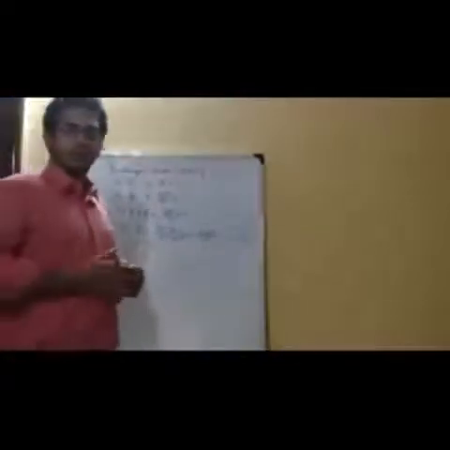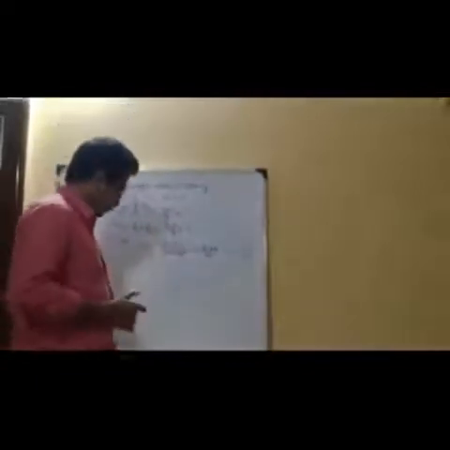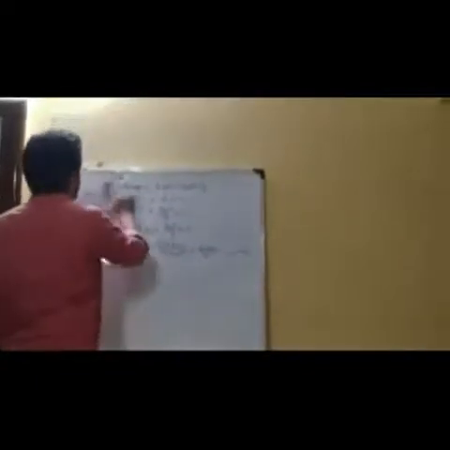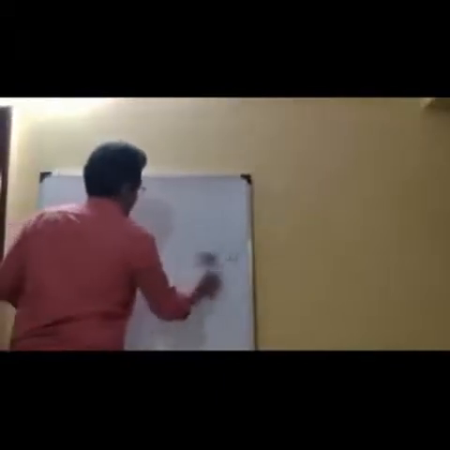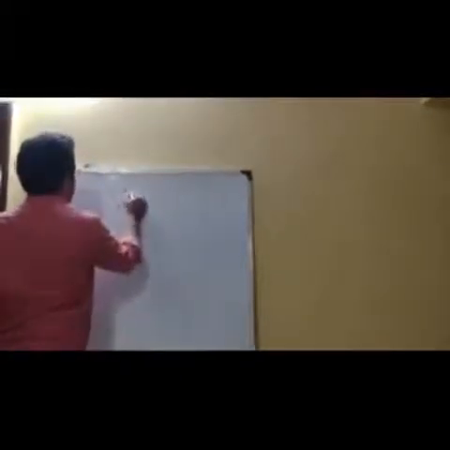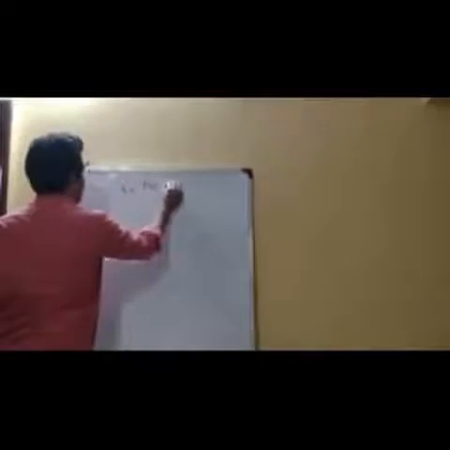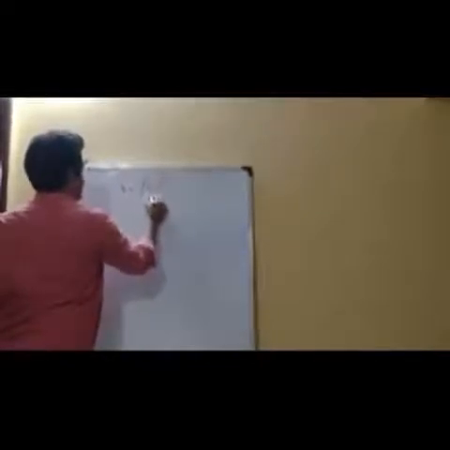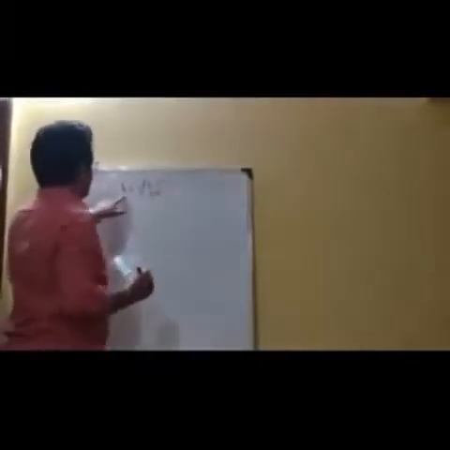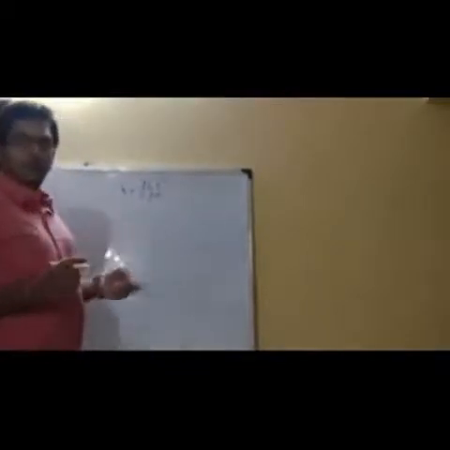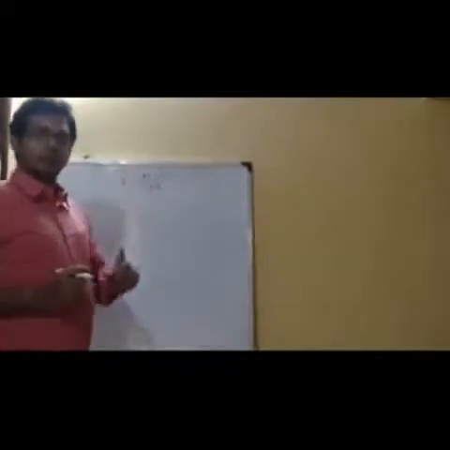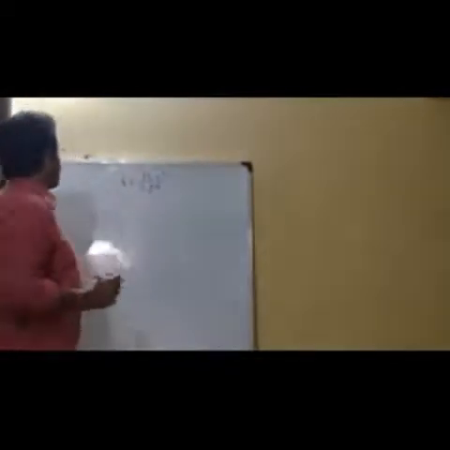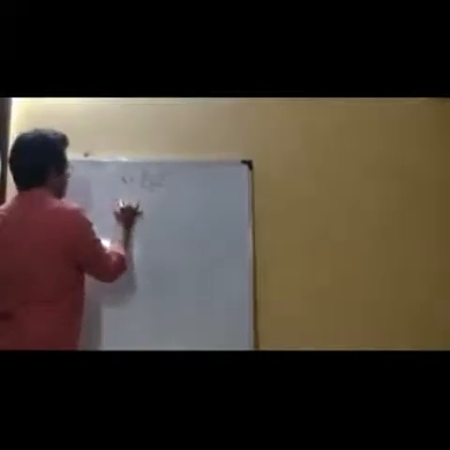Now the Darcy-Weisbach equation, what was the formula? HL equal to F L V square by 2 G D, where HL is the head loss. In the given data there is a difference of elevation, which is actually the head loss, and that was 50 meter.